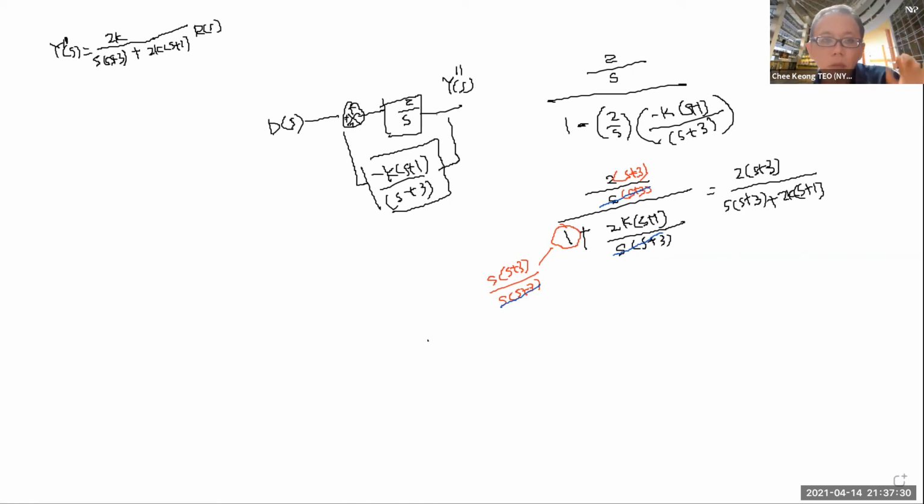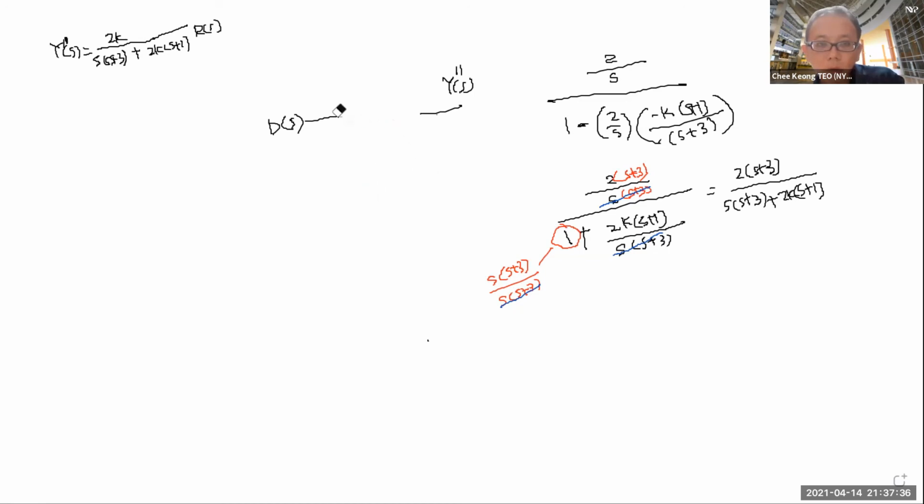So now you can, of course, replace the whole thing by the new expression, by the new block. So basically you can rewrite this as 2 over S, 2(S plus 3) over S(S plus 3), S(S plus 3) plus 2K(S plus 1).